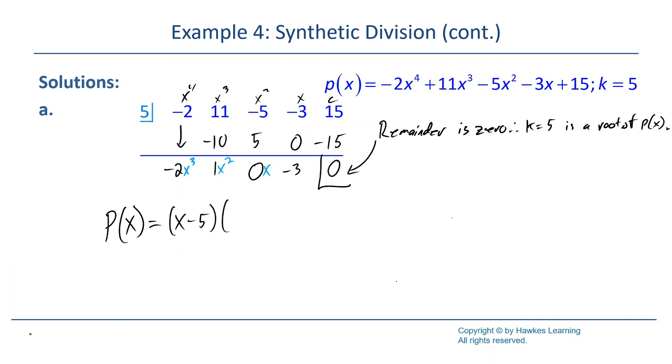And so because of that, it becomes x minus 5 times negative 2x cubed plus x squared minus 3. And then plus 0 because there's no remainder. But the key thing is it is factored now. And it's factored into something a lot nicer than what we've had in the past.